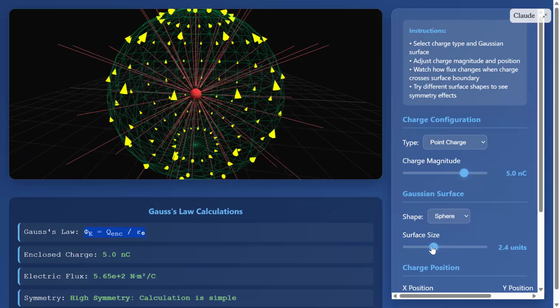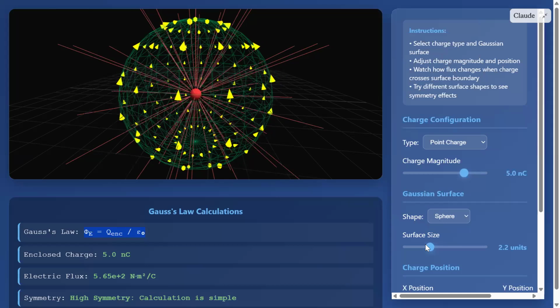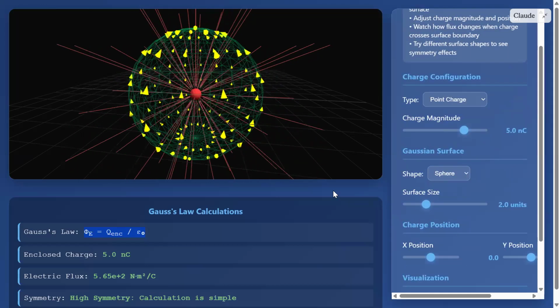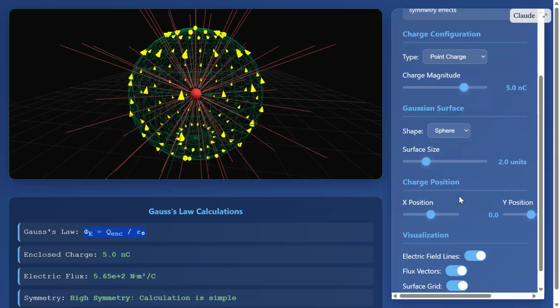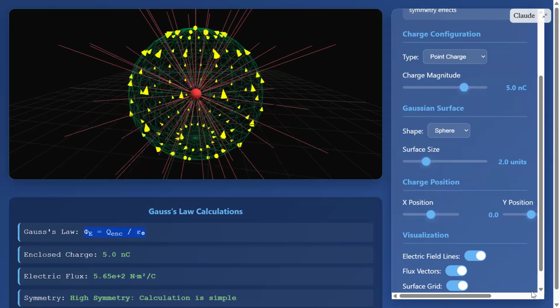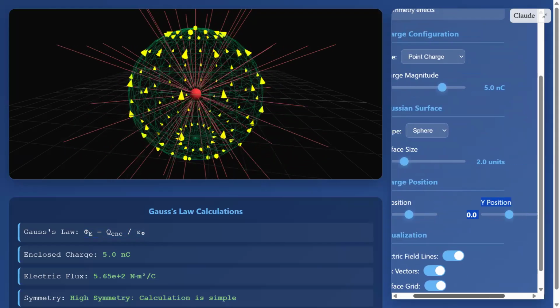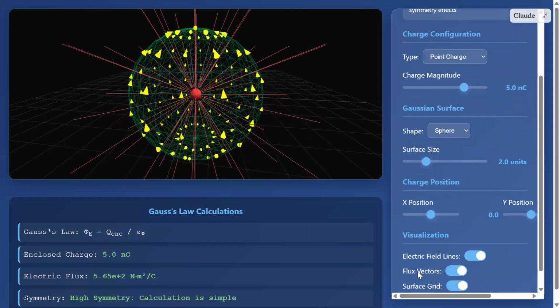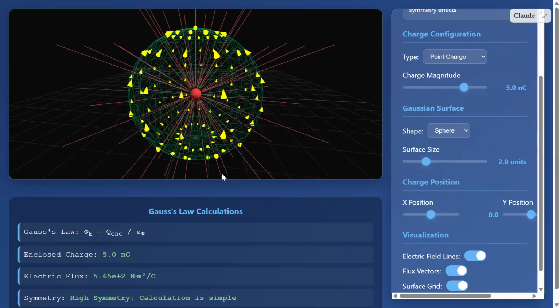Now the charge is at the center, x position, y position 0, 0, which means it is at the origin.